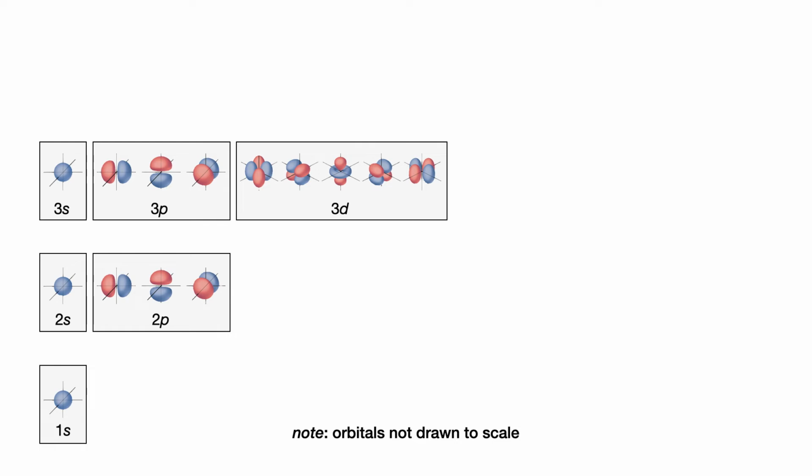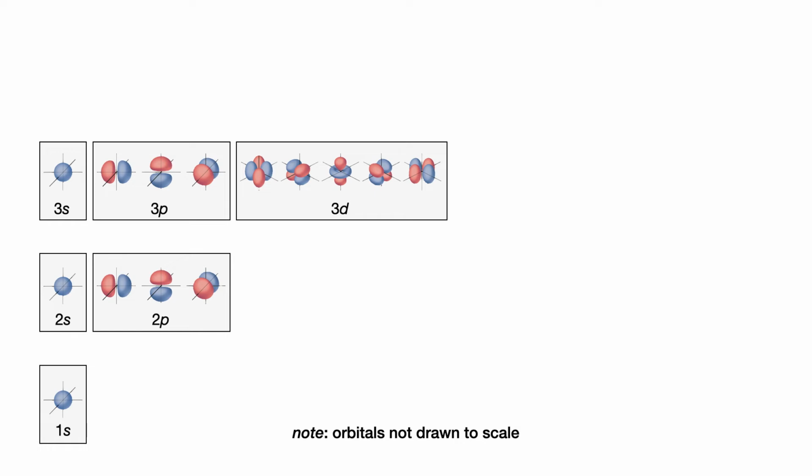There are 3 orbitals in the p sublevel, and there are 5 orbitals in the d sublevel. And you can see I've shown the standard picture representations of those orbitals. Again, we don't need to be super concerned with the patterns in those pictures, although they are kind of fun to look at.